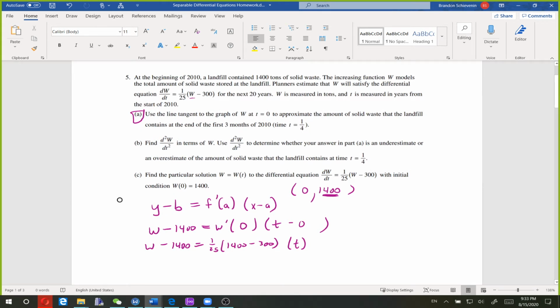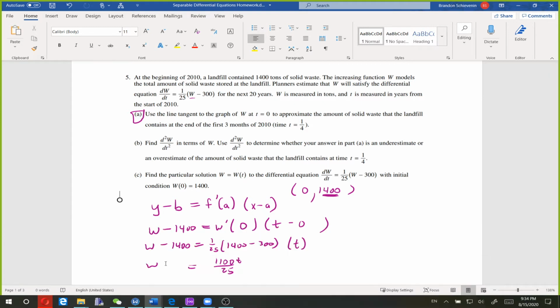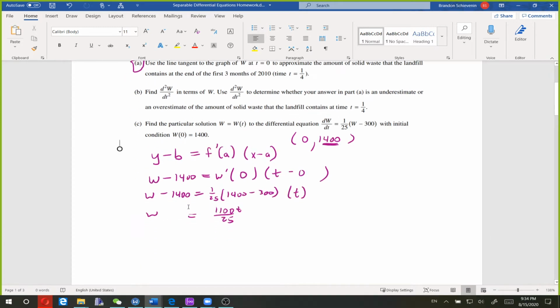Okay, so that gives me 1100 divided by 25, times t, is equal to W minus 1400. 1100 divided by 25 is 44.